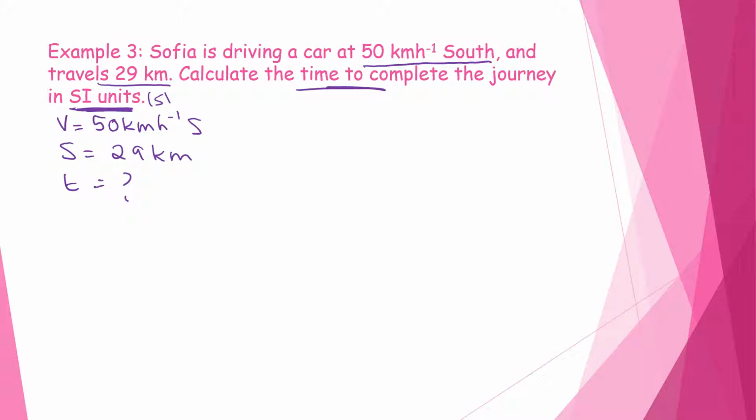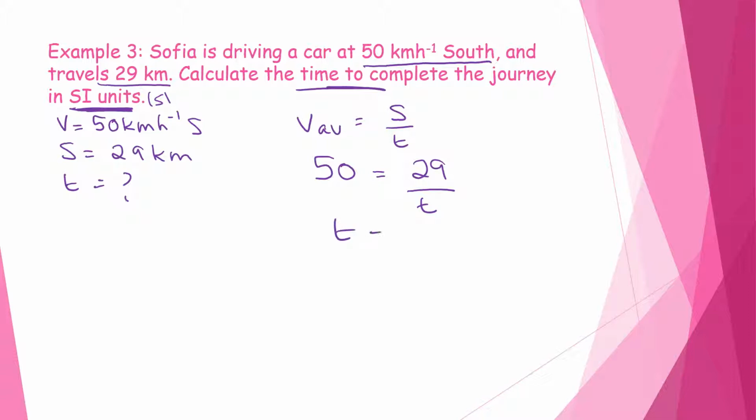So go to our data sheet, go find our formula, and we use V average equals displacement on time. The average velocity is 50, the displacement is 29, and the time we don't know. Now because I'm using kilometers per hour and kilometers, the time will come out in hours.